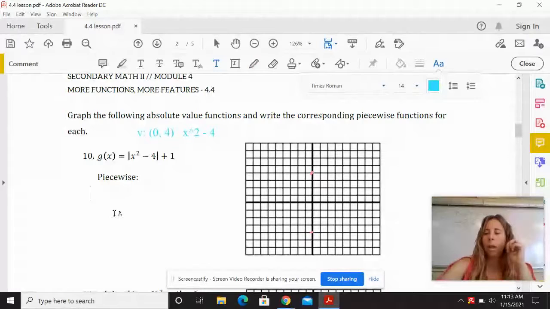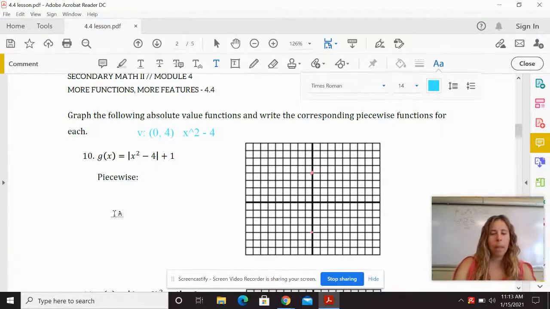Once again, we have 3 pieces of our piecewise. So the first one, you replace the absolute value with parentheses. So the first one is x squared minus 4, minus 4, and then plus 1.